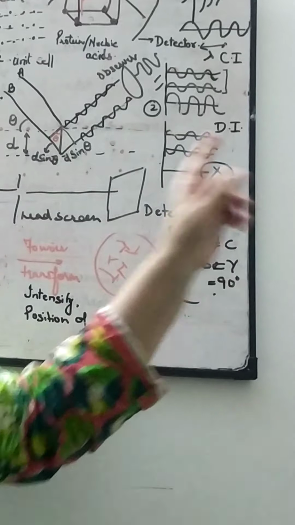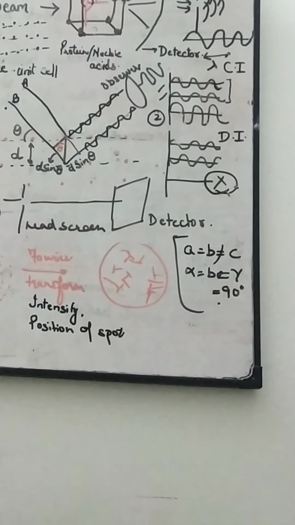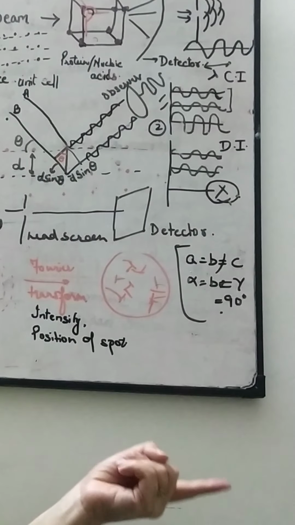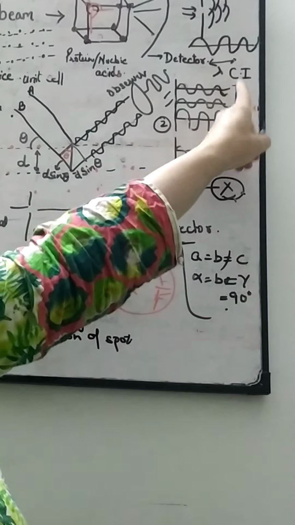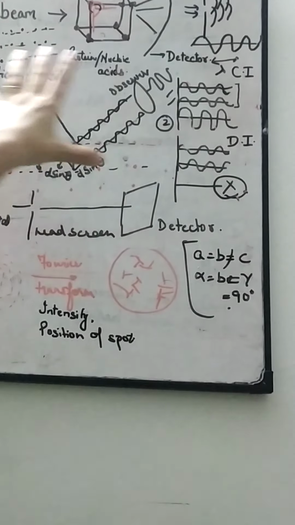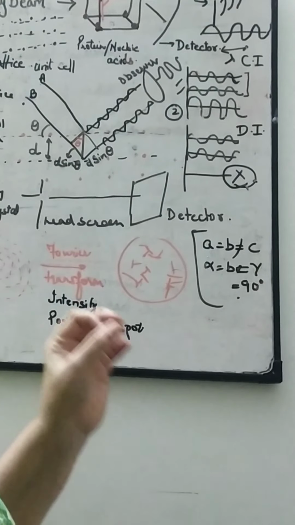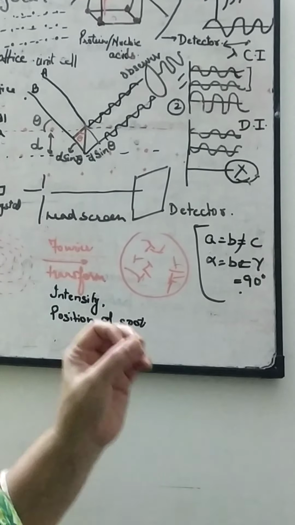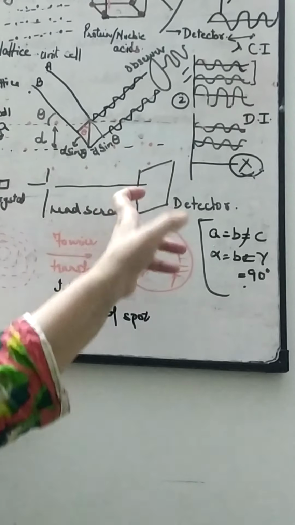Now, whenever we are going for X-ray crystallography, what will we prefer, constructive or destructive interference? We will be preferring the constructive interference. So whenever we have to carry out X-ray crystallography for any crystal, we have to fulfill a condition which is known as the condition for Bragg's law.